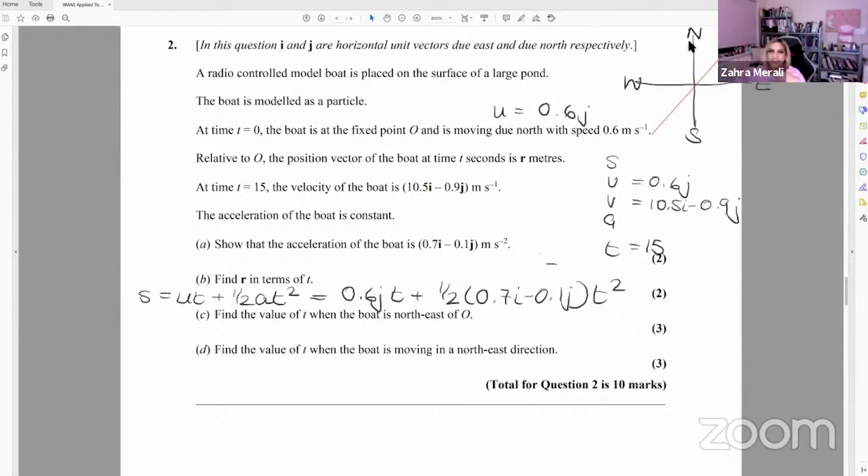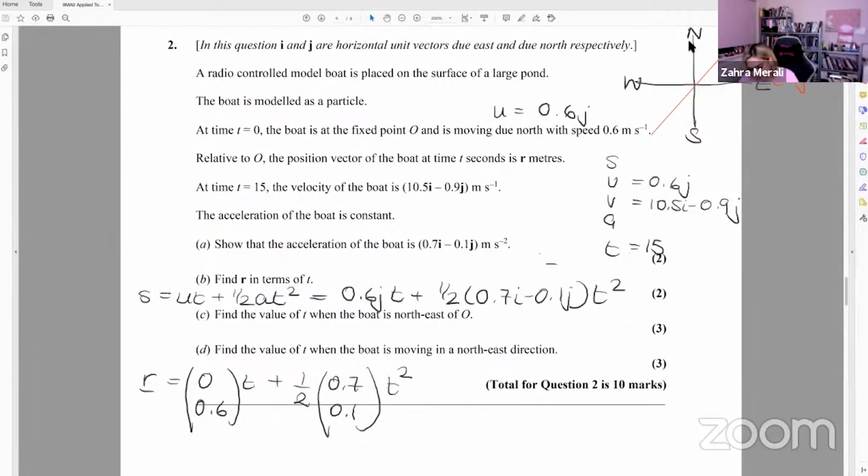So in vector world, it's when i equals j, so it's when your i components equal your j components. If I write this r in column vectors, because like we said, sometimes it's easier, you'll see that r equals (0, 0.6) t plus a half (0.7, -0.1) t squared.